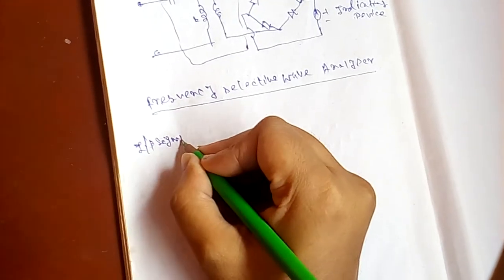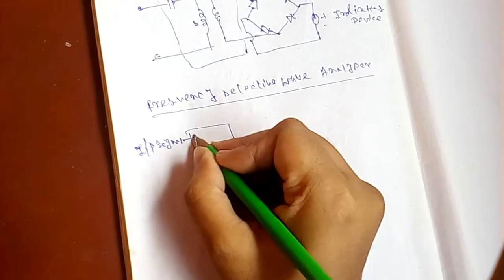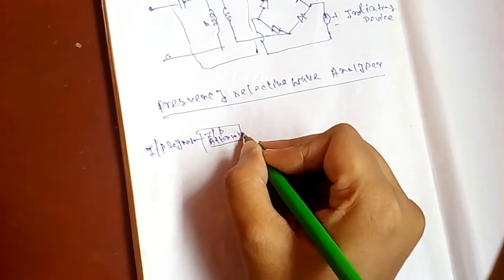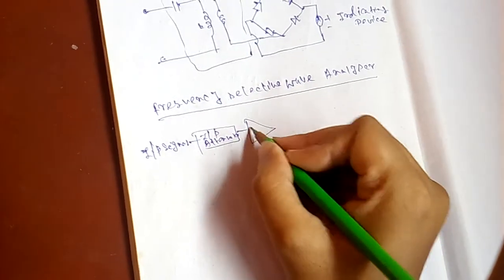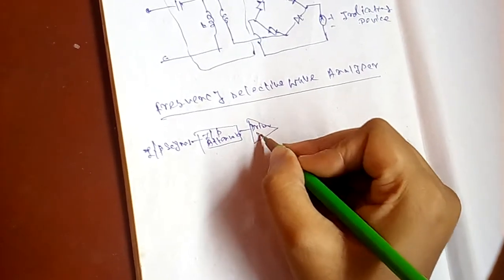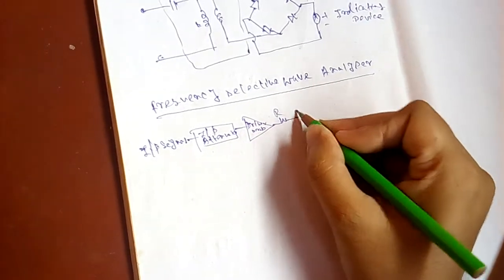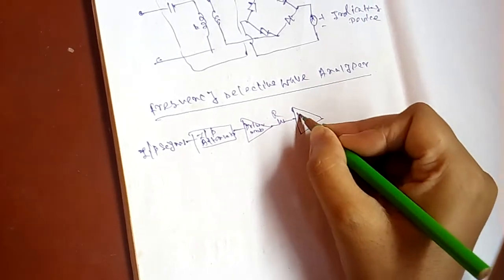The input signal goes to the input attenuator, then the driver amplifier, then the filter section.